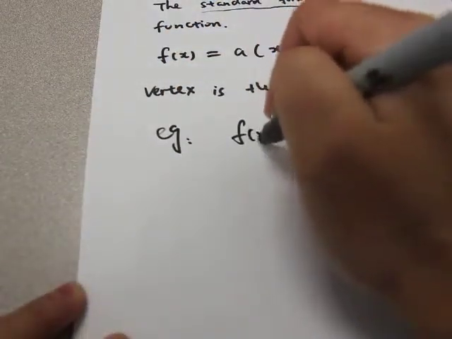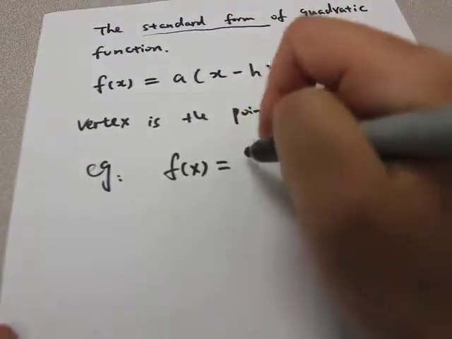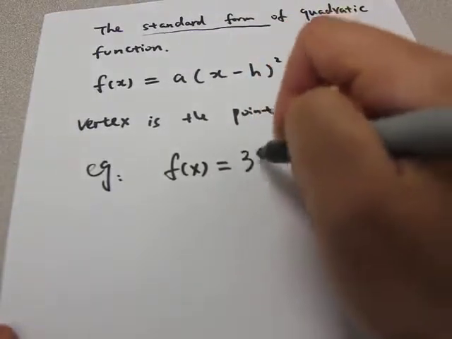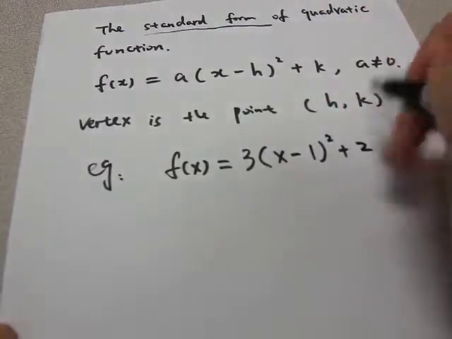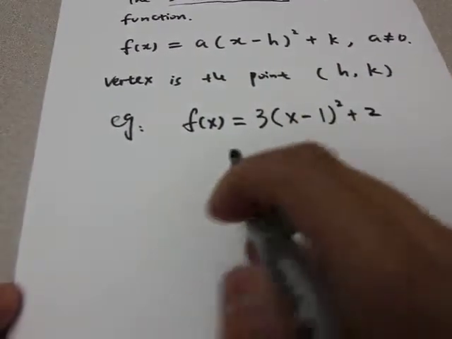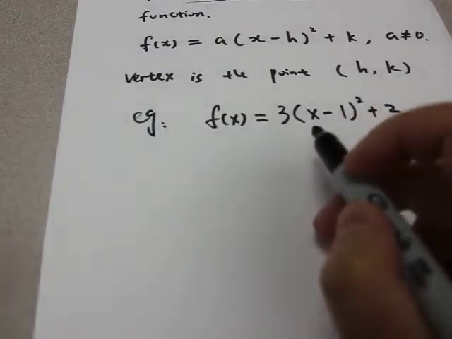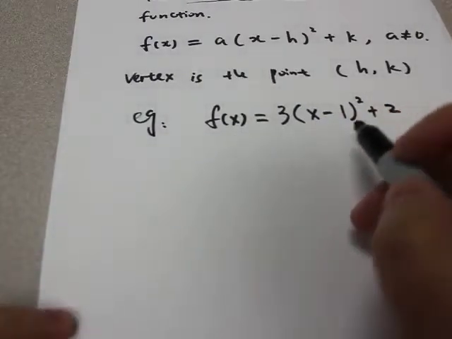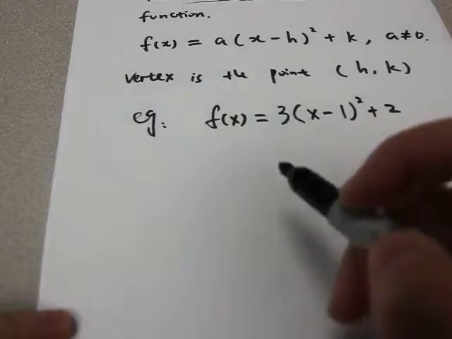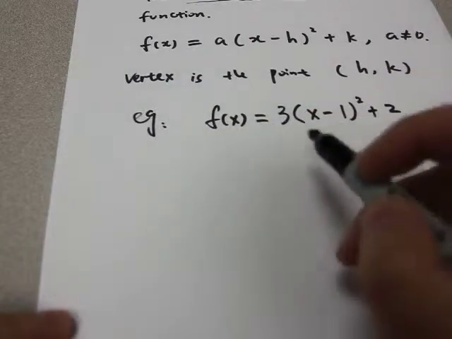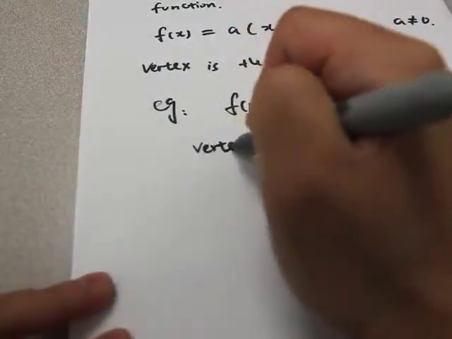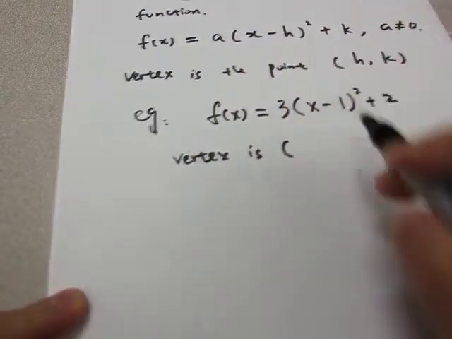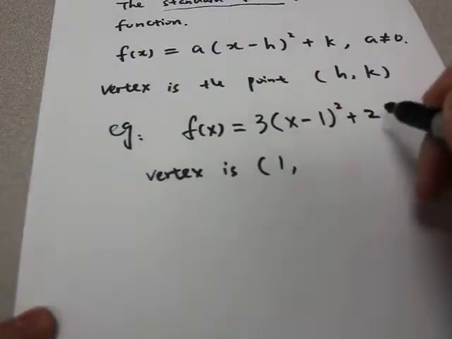For example, if I'm given this equation, f(x) equals 3 times (x minus 1) squared plus 2, from this equation I can tell, first, this is a quadratic function, so the graph is going to be a parabola. And secondly, I can tell the vertex is the point (1, 2).